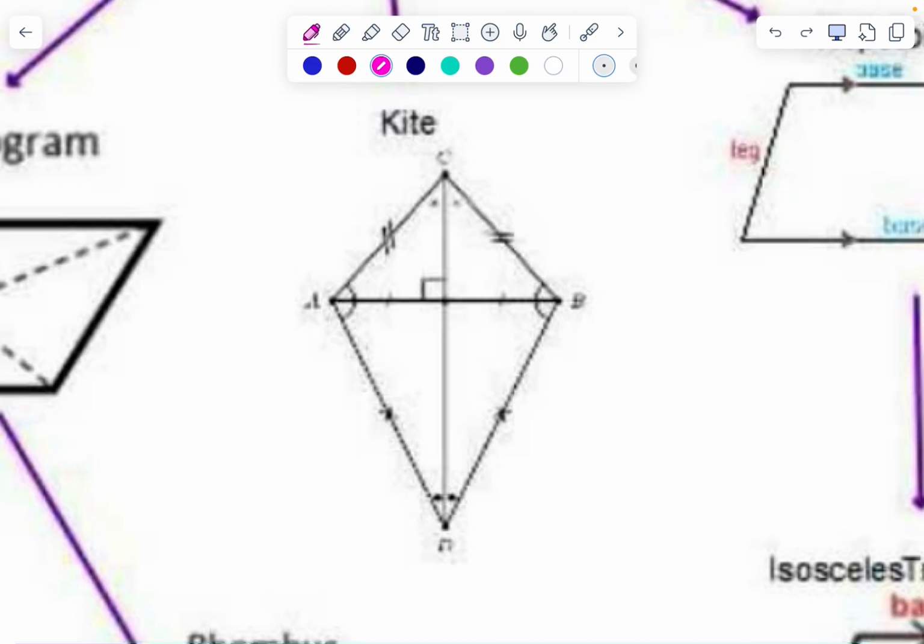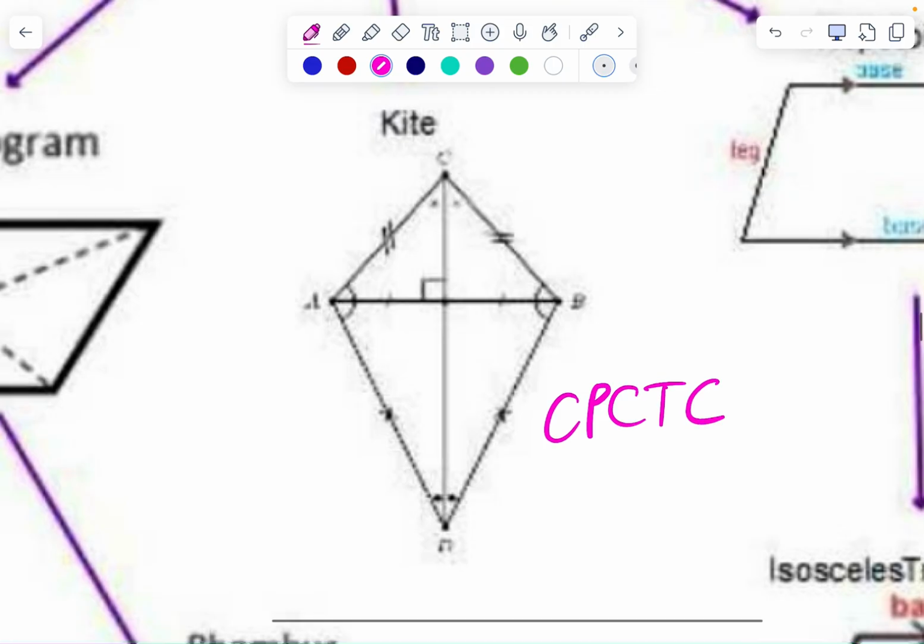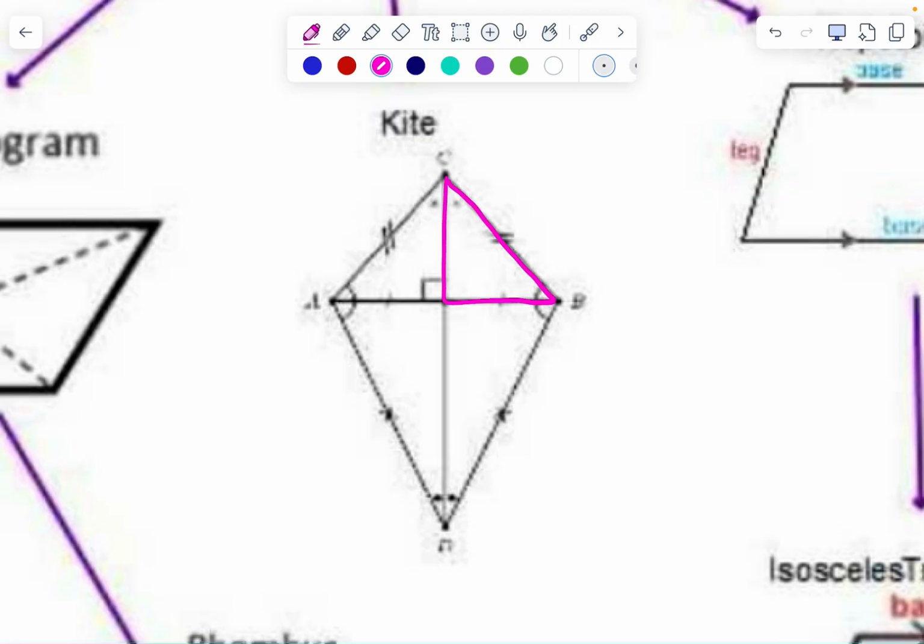remember CPCTC? What did it mean? Don't write this, I'm just putting it up here to talk about it. What was it? Yeah, if we have congruent triangles, then the parts that correspond are congruent. And that helps a ton with kites because, for example, if I tell you that these 2 triangles are congruent, which they are, well, now that we know that, we know that these 2 outer diagonals are congruent.